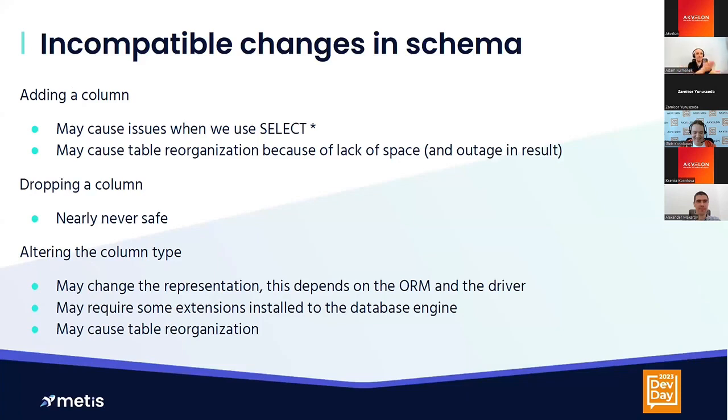Half of your fleet is running with the new code, the other half is running the older version of the code, which means you basically expect completely different schemas in the database. If you do not have backwards compatible migrations, then your old version of the application will simply fail.